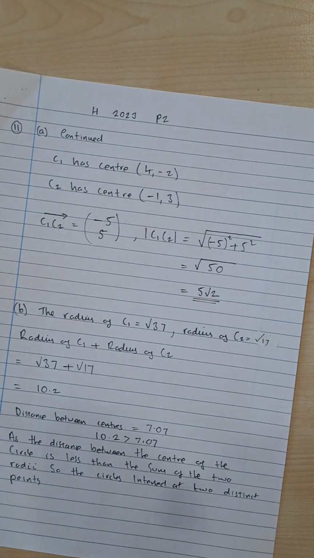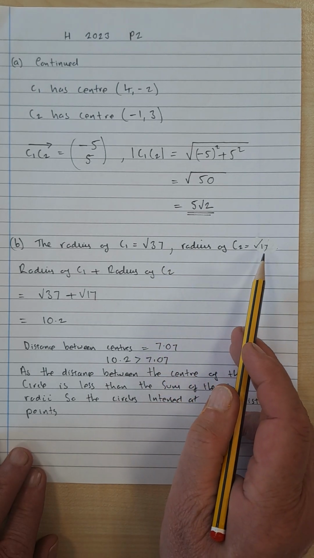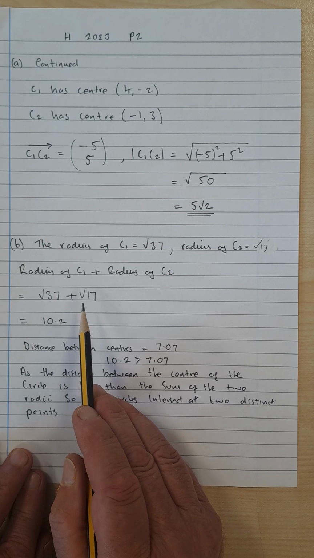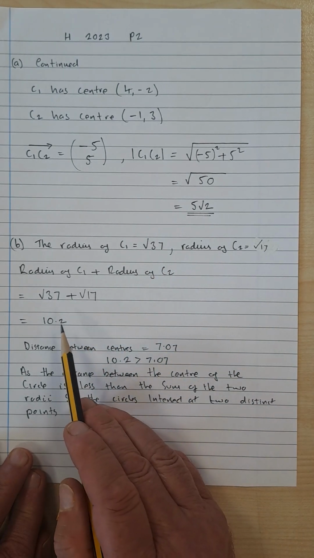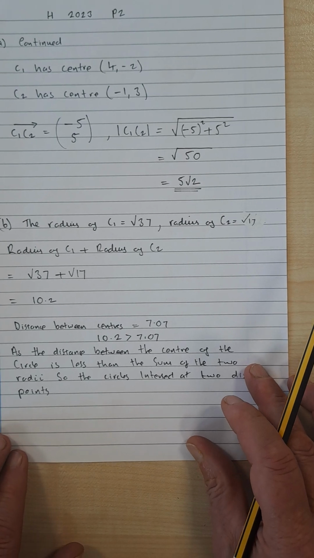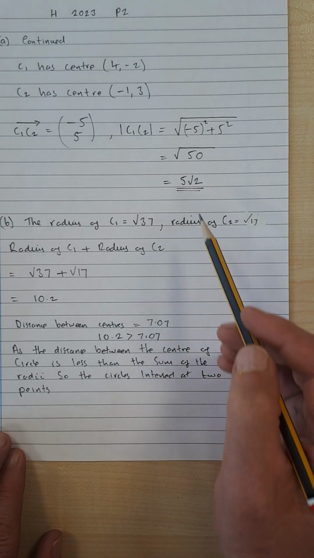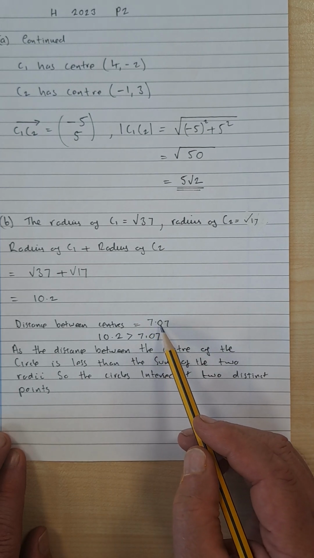Looking at this bit here, that's just what I've told you there. If I add the two radiuses, root 37 and root 17, the radius of C1 and the radius of C2, I get 10.2. And we had the distance between the centres, 5 root 2, which I switched to a decimal of 7.07.